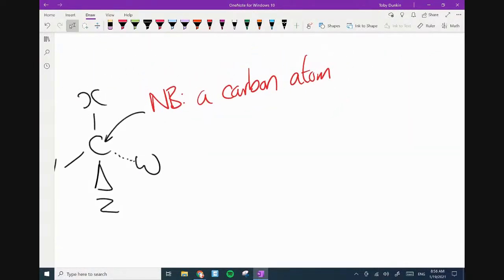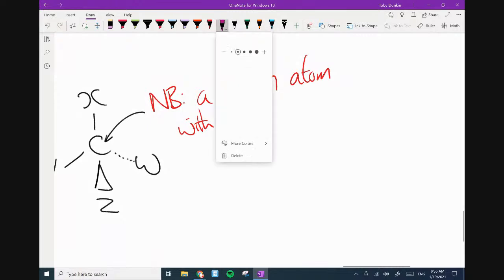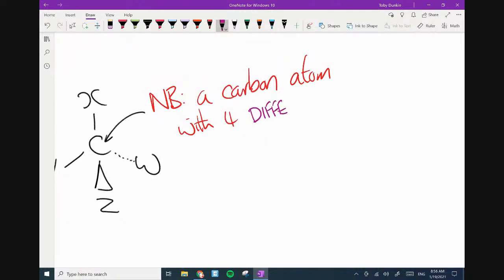A carbon atom with 4 different, and notice my changing color and capitalization. They have to be different. A carbon atom with 4 different groups will be chiral.